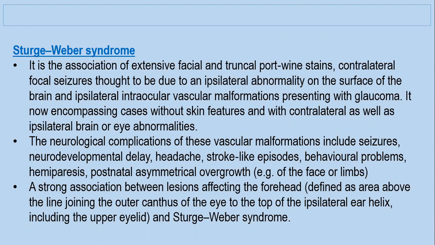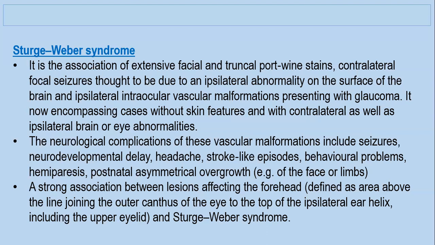So the port wine stain on one side of the face involves the brain on the same side of the face as well as the eyes, but leads to contralateral focal seizures. The neurological complications of these vascular malformations include seizures, neurodevelopmental delays, headache, stroke-like episodes, behavioral problems, contralateral hemiparesis, and postnatal asymmetric overgrowth of face or limbs.